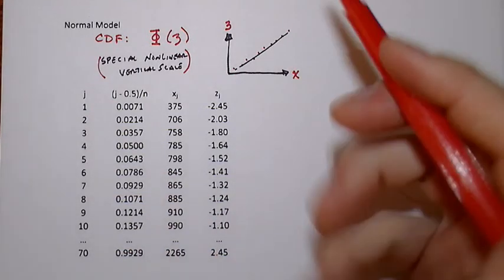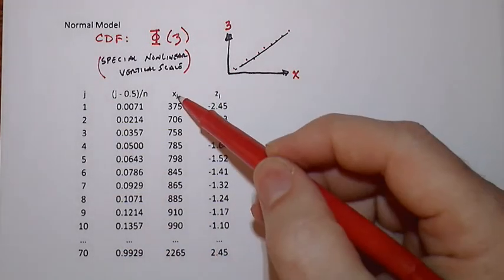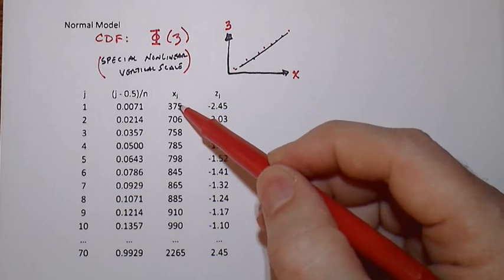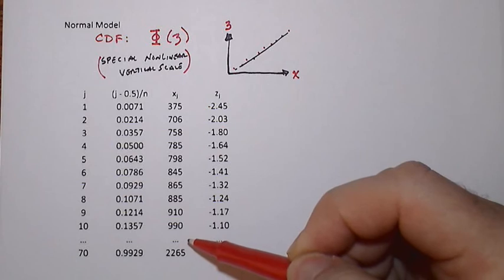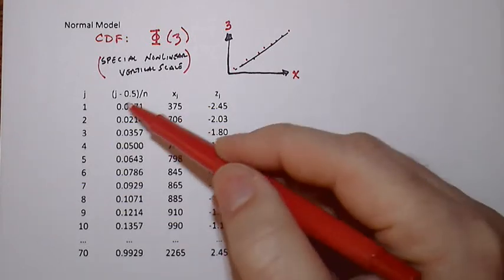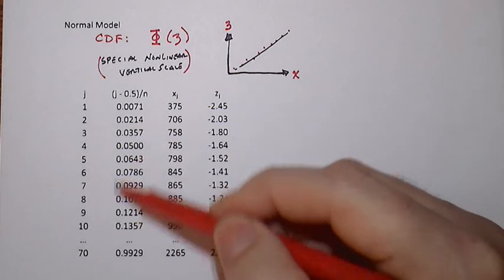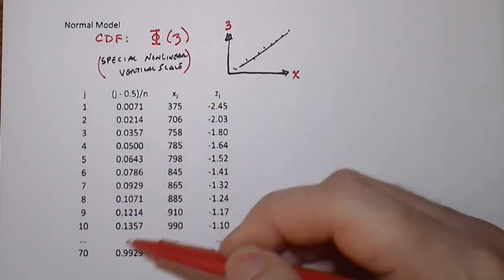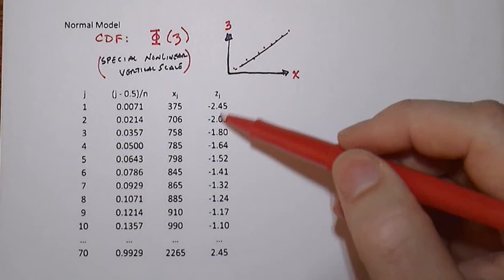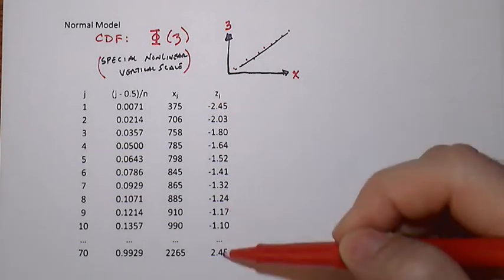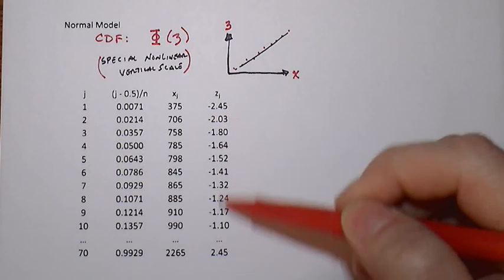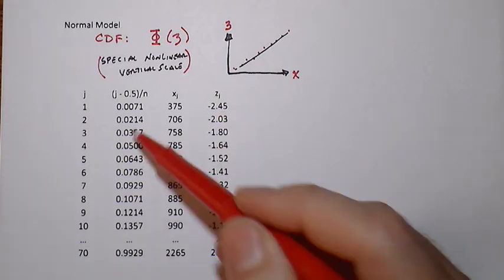And then in the third column I have the actual data points listed from low to high, and I've of course truncated to save space and not show all 70 of them here. Okay. The second column is our observed CDF done in a slightly special kind of way, and then the last column is our standard normal variate that corresponds with our CDF values that we have here.